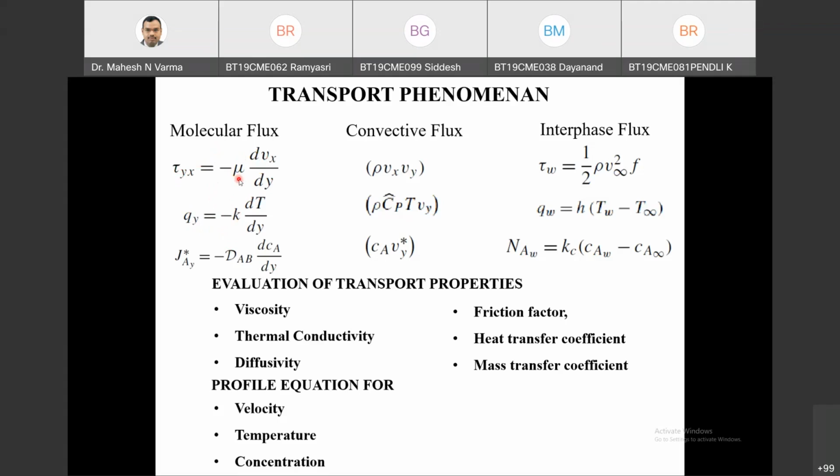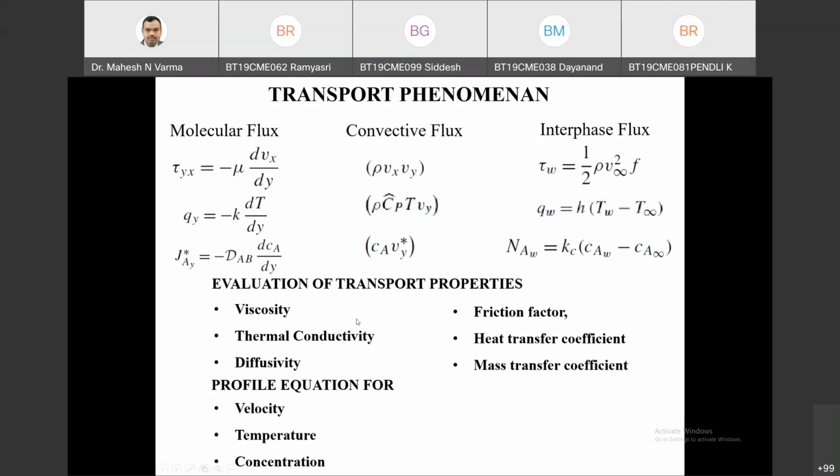There are thousands of analogies available in the literature, thousands, not one or two, because these are all experimental observations. People observe heat transfer experimentally, and people observe momentum transfer experimentally, and then they try to correlate heat transfer with momentum transfer, mass transfer with momentum transfer, and so on. There will be some limitation for each and every analogy.